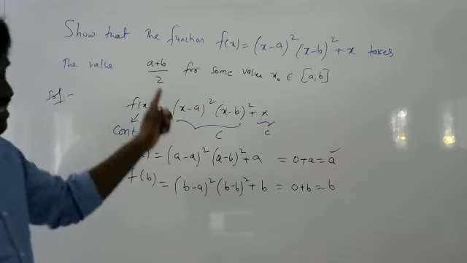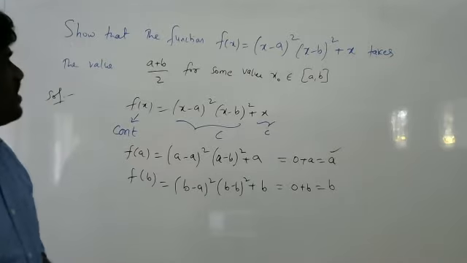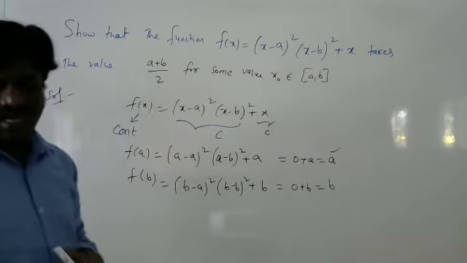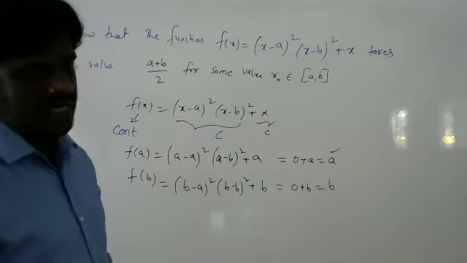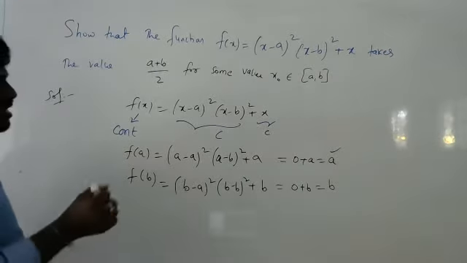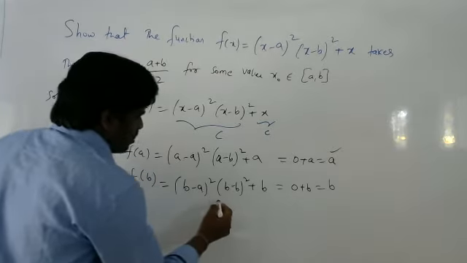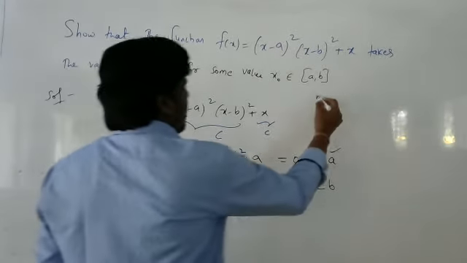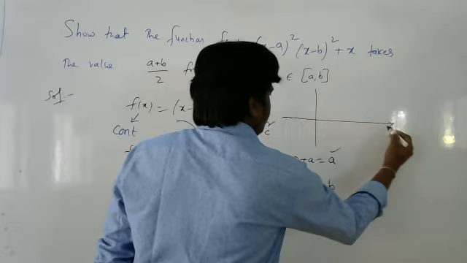Whenever f of x is continuous like this, you have to use the IVT theorem, that is, the intermediate value theorem. According to that, the graph will be like this. This is the graph of the function.